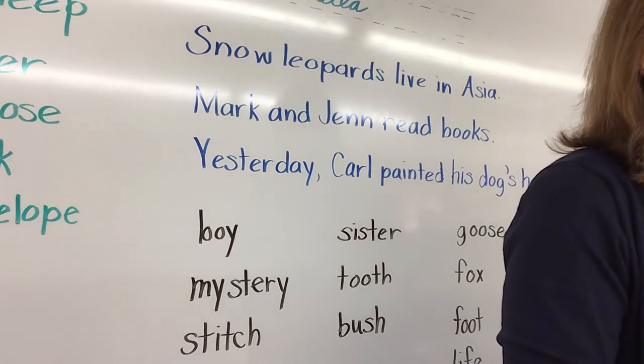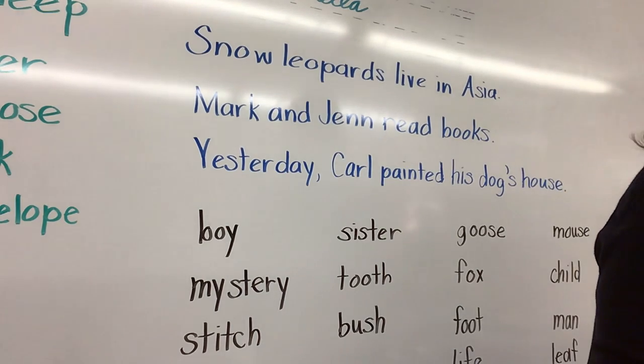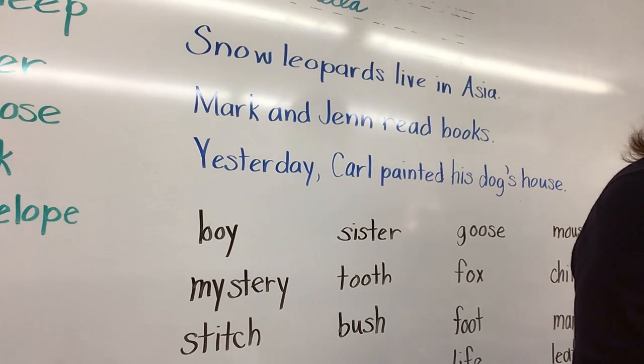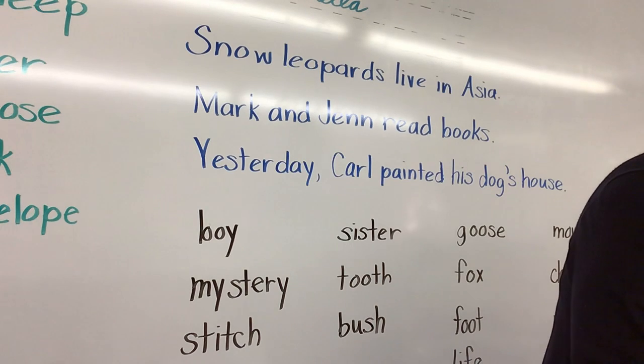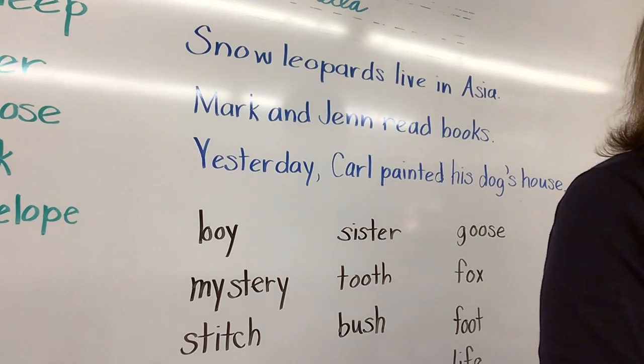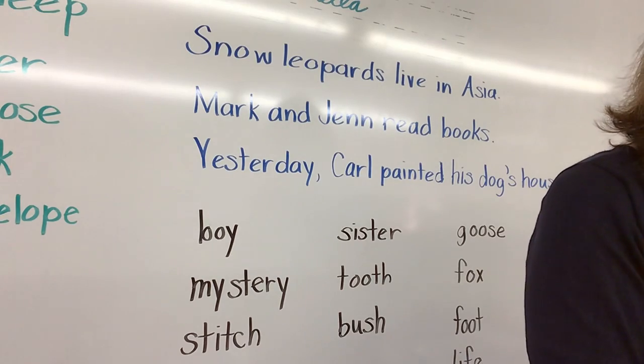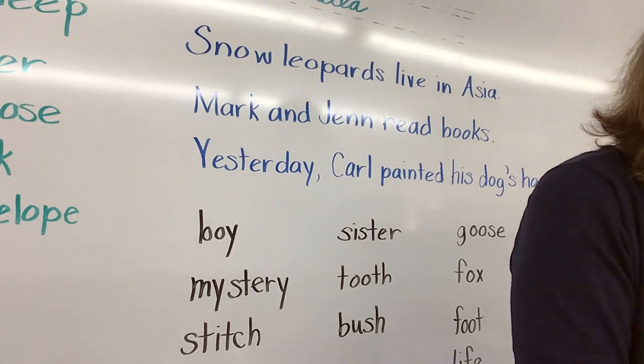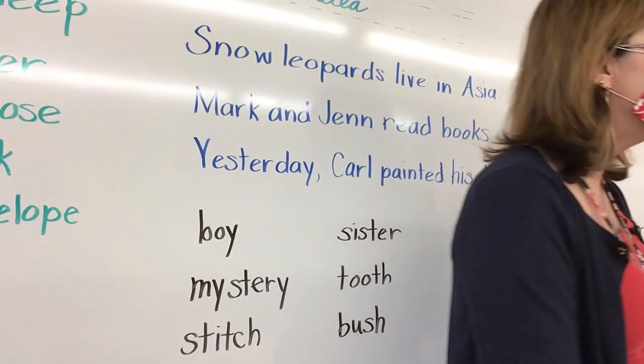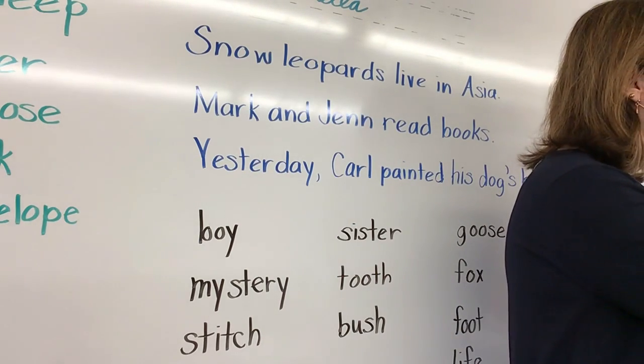All right, so what is the next thing we're going to do? Raise your hand. What is that called? Jonathan? It's a picture graph. Yes, it is a picture graph. And what is the key? Raise your hand. You can tell me what the key is for this picture graph. Yes, Liam? 1 smiley face equals 5. Yes, 1 smiley face. Please pay attention to your paper.